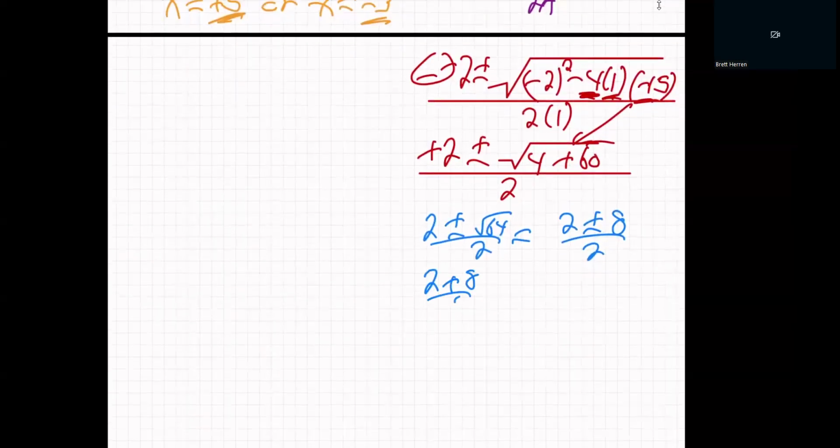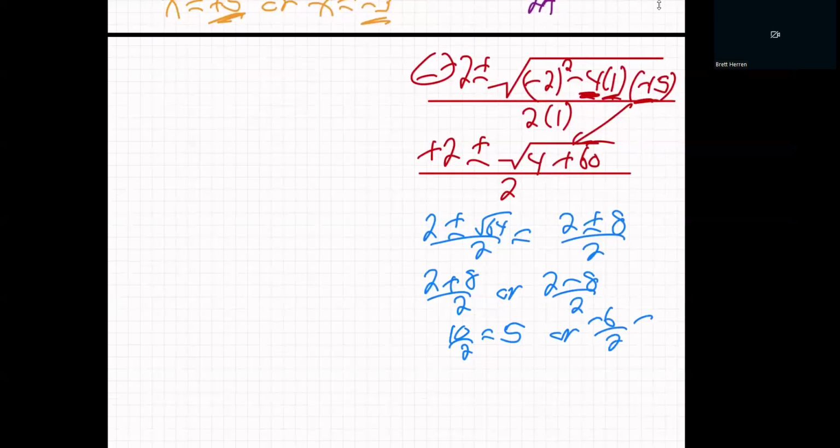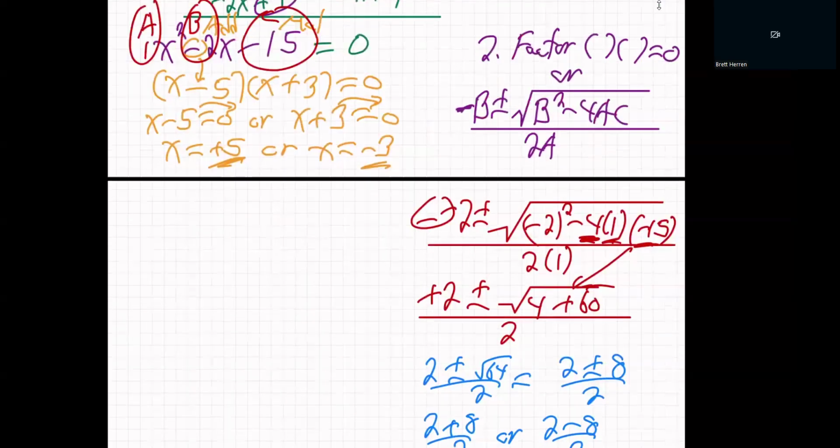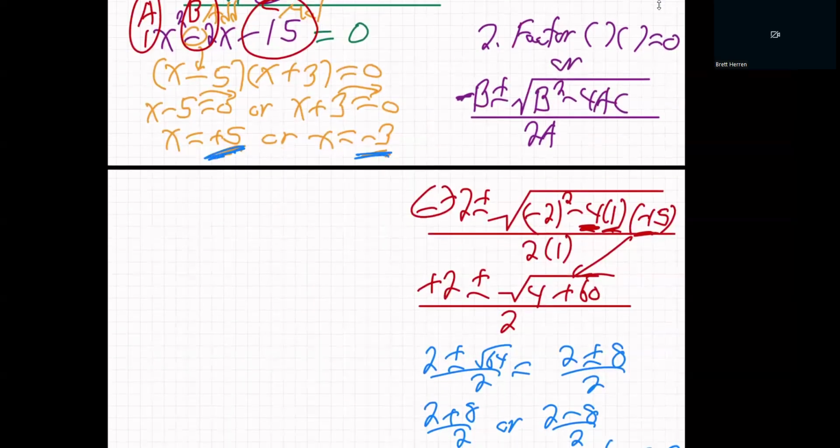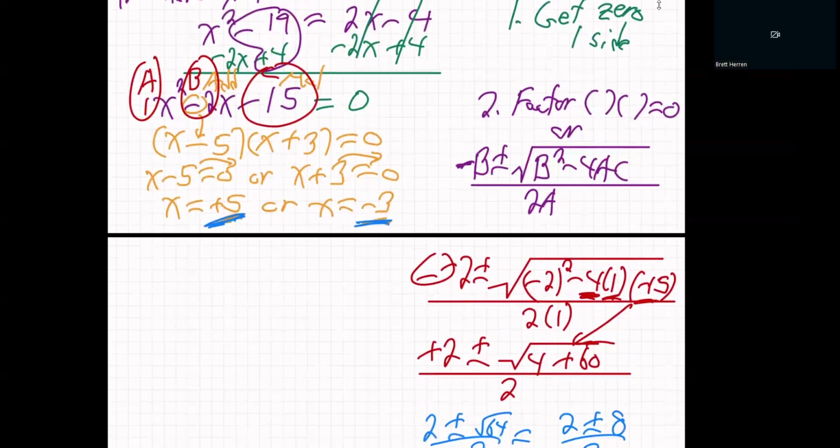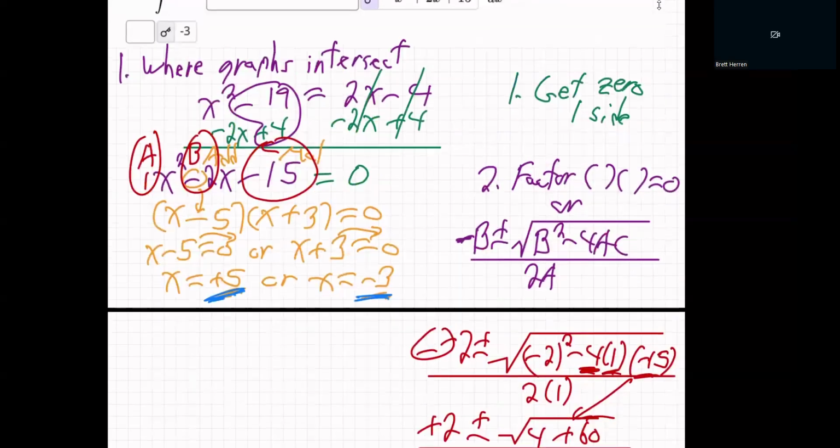That's 10 over 2, which is 5, or negative 6 over 2, which is negative 3. So same two answers, right? 5, negative 3. Whether you do the quad or you factor, that's why I say factoring is quicker. Either way, get those two answers.